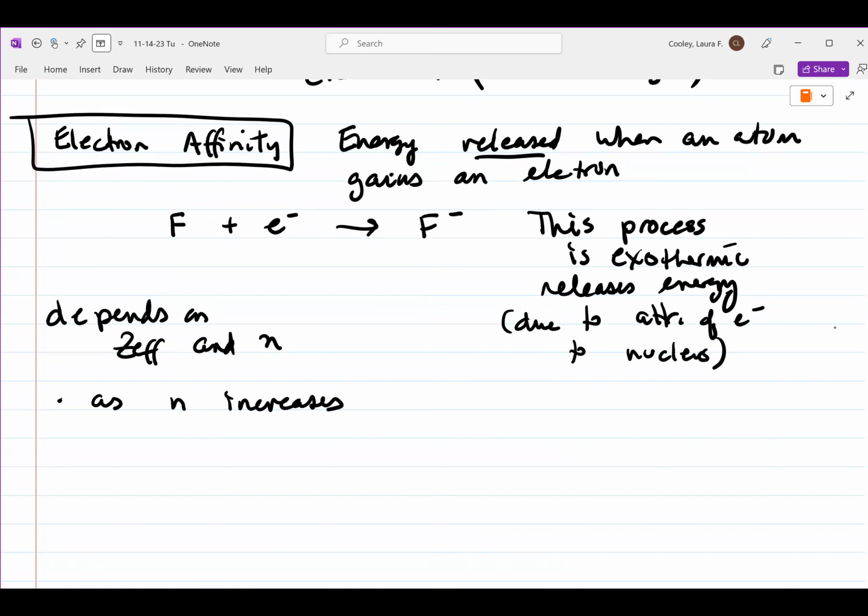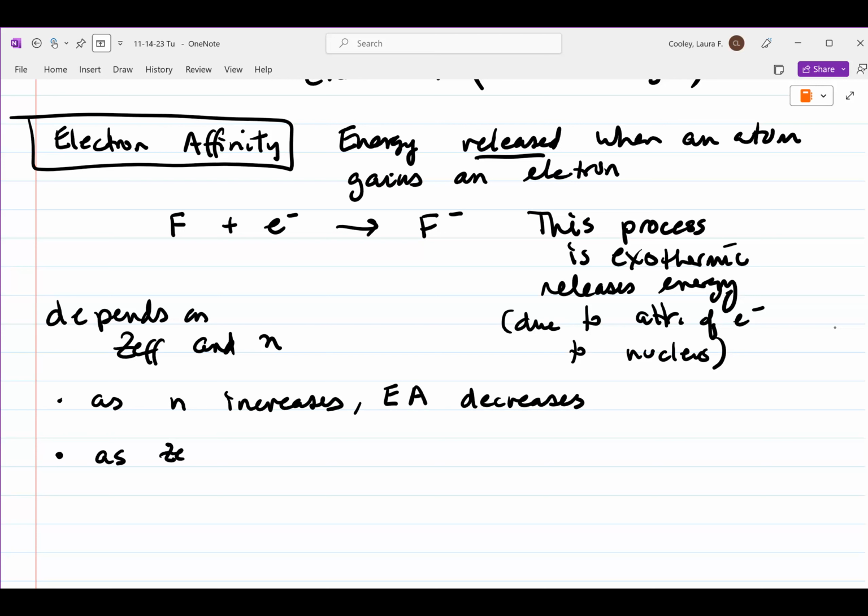Does that atom want that electron more and more or less and less? Less and less. So as n increases, the electron affinity decreases, because the attraction is lower when the electron is further away from the nucleus.